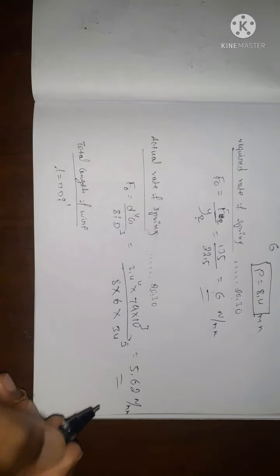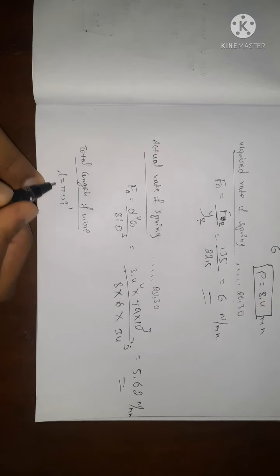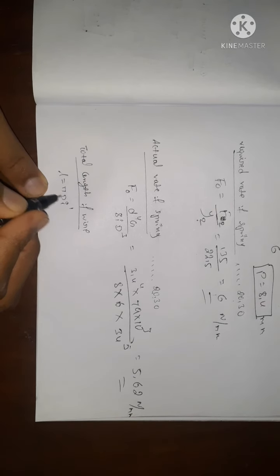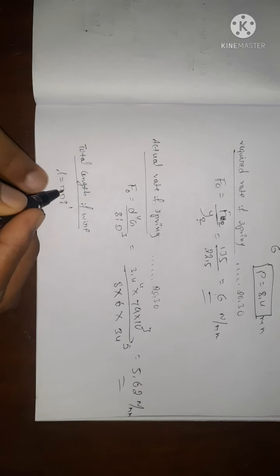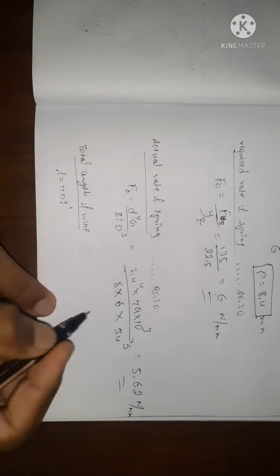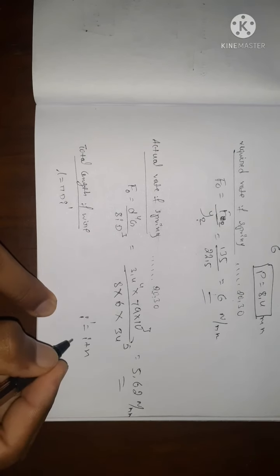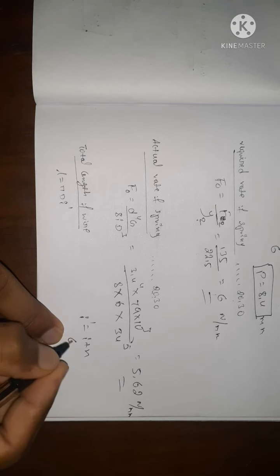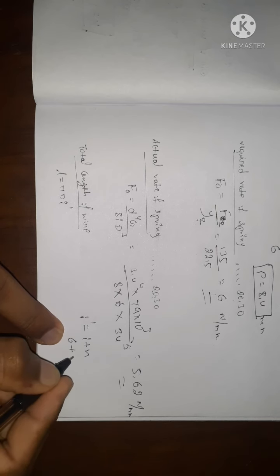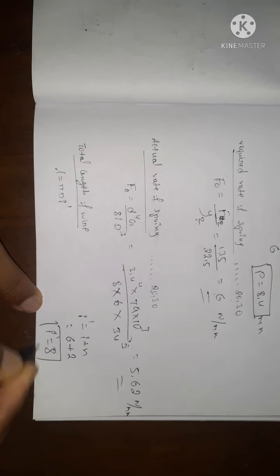Next, total length of wire, where L is equal to pi into D into i dash. I know pi and D. I don't know i dash, where i dash is equal to i plus n, where i is equal to 6 plus n is constant, always 2, so i dash is equal to 8.